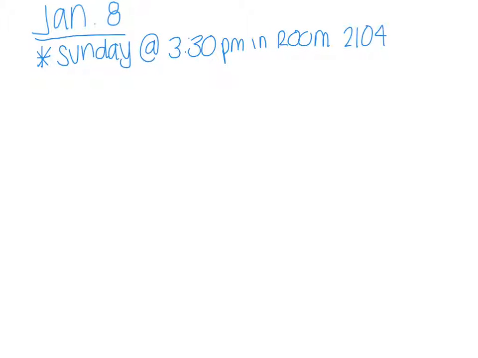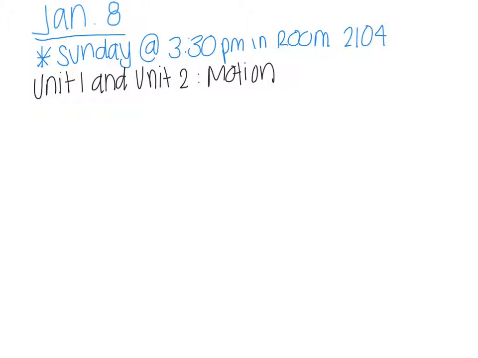Okay, so we are going to actually start today with Unit 1 and Unit 2. Unit 1 and Unit 2 both cover the idea of motion, okay? Both of these talk about motion. This is where we introduce our D versus T graphs, our V versus T graphs. We talk a little bit about F equals ma.